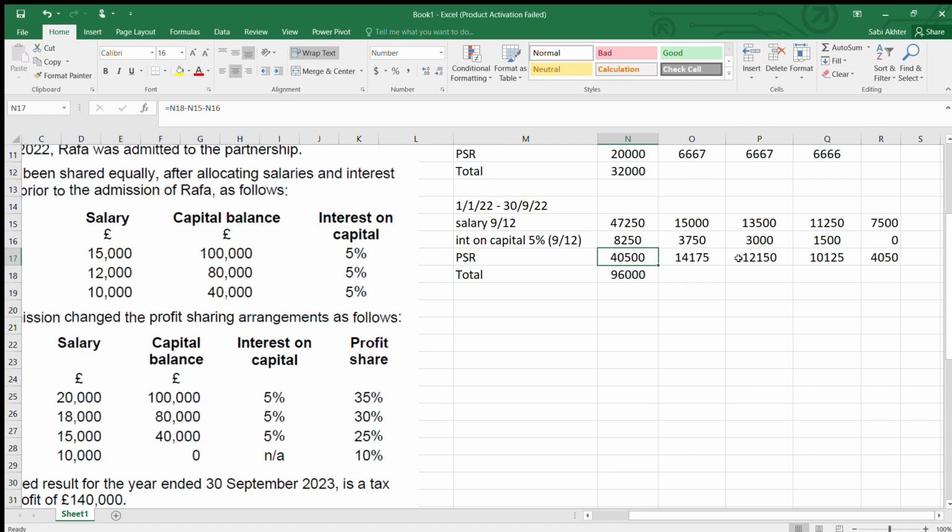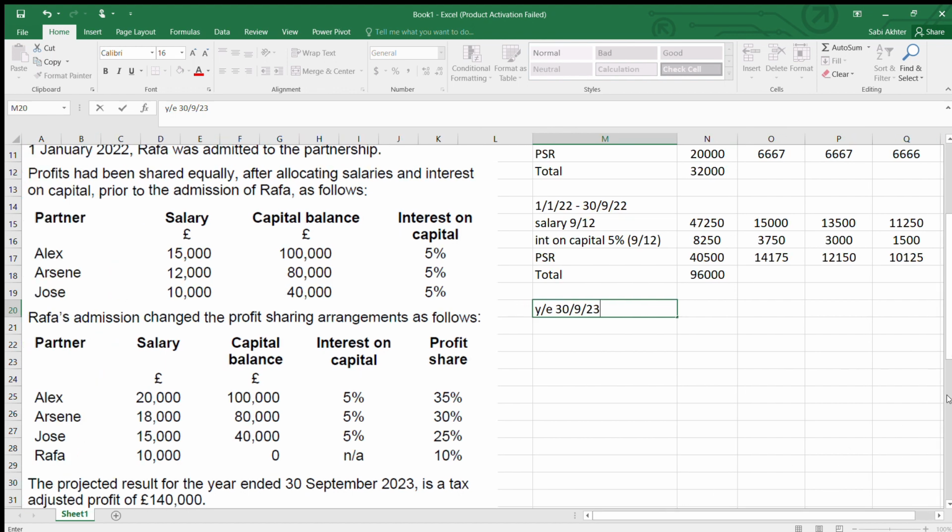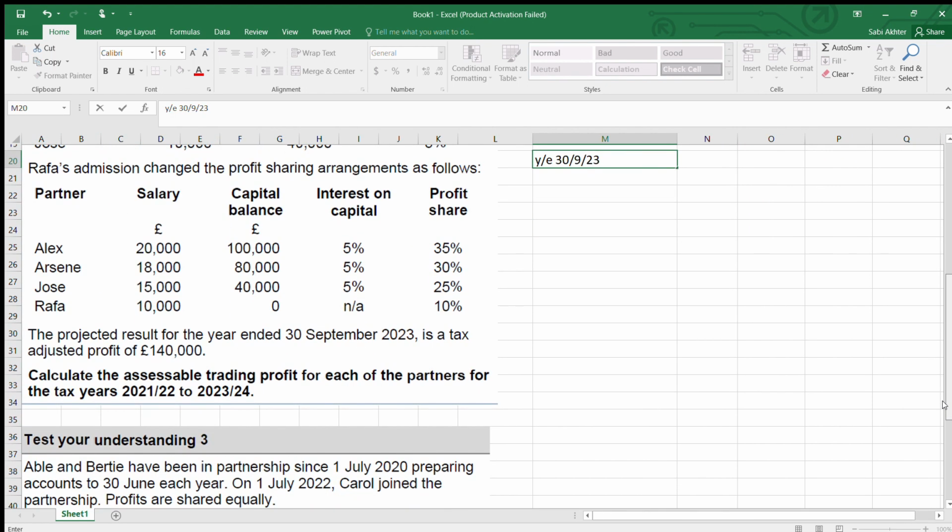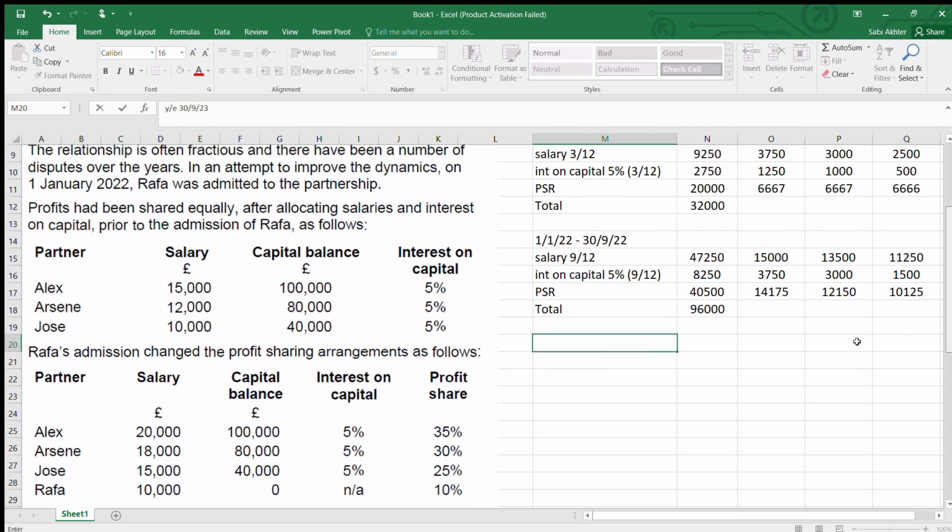Then, what's next? Year end, 30th September 2023. Okay.